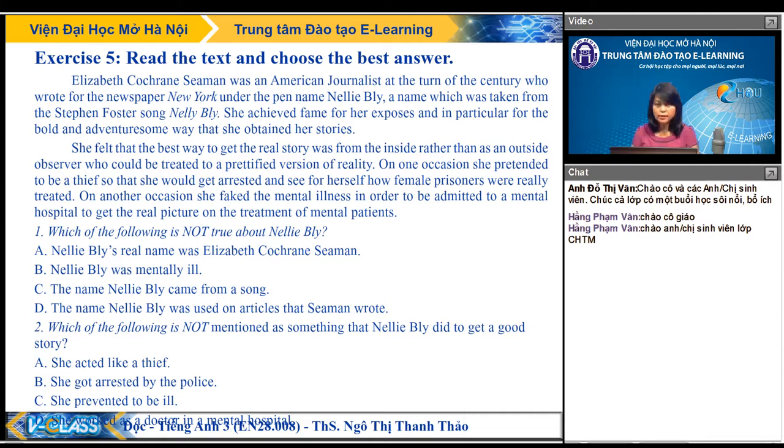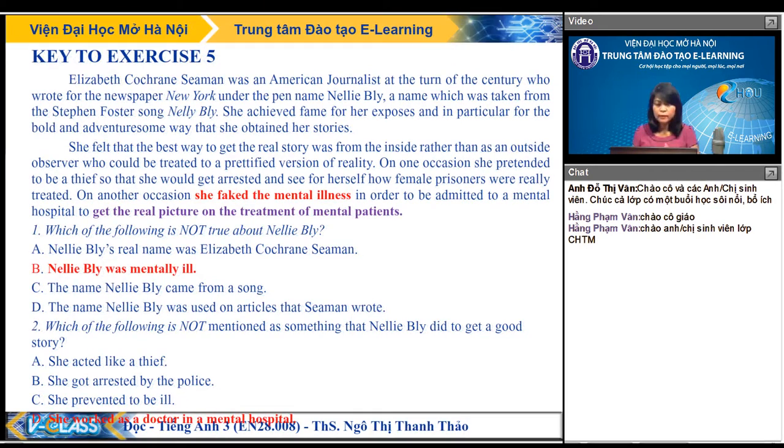Have you got the answer yet? Okay. Now, let's see. Question number 1. Which of the following is not true about Nellie Bly? It's not true. B. Nellie Bly was mentally ill.